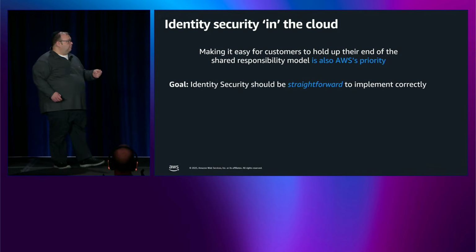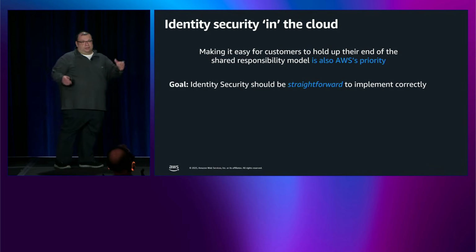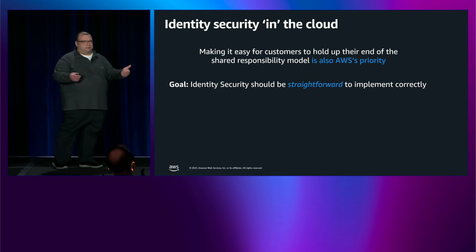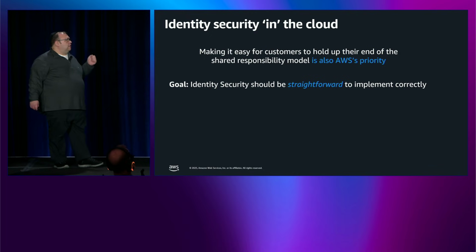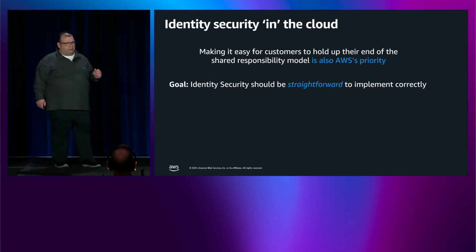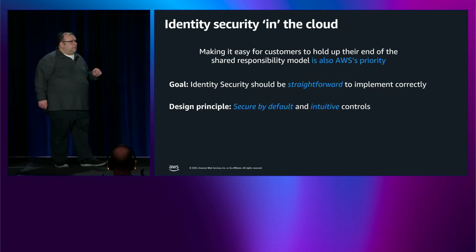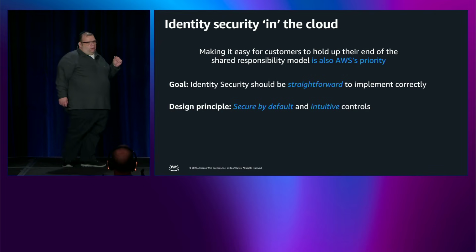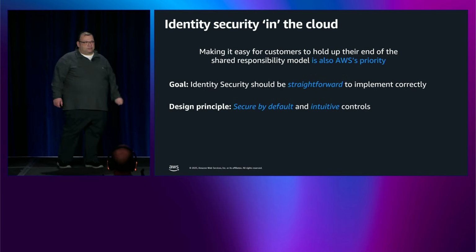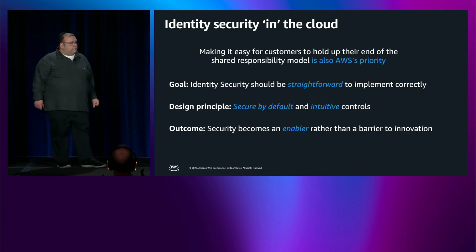So from that perspective, we have a different set of goals, but more focused on the customer perspective. We want to make sure that identity security is straightforward for our customers to implement correctly. We want to make sure that secure by default and intuitive controls are available whenever possible, and that's our design principle. And from an outcome perspective, we want to make sure that security is an enabler, like I mentioned before.